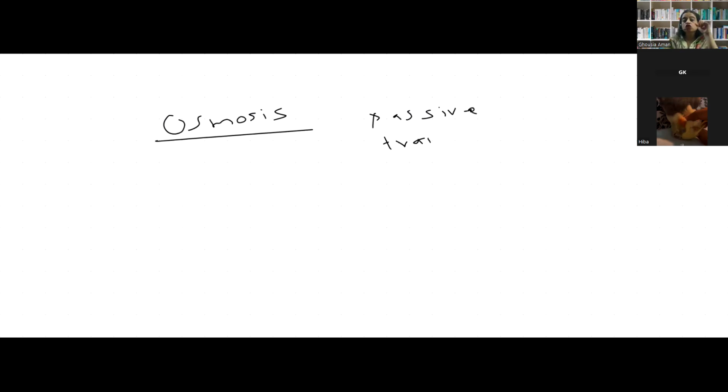In case of diffusion, we have seen all the liquids and gas molecules. They will move by diffusion in and out of the cell. But in case of osmosis, only water molecules move. How?